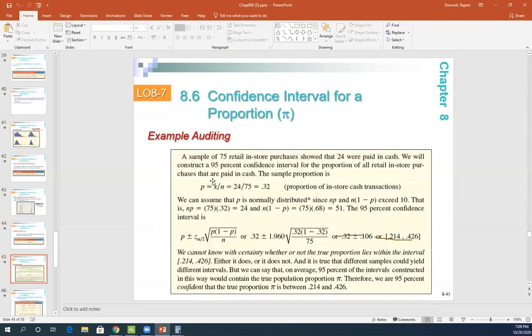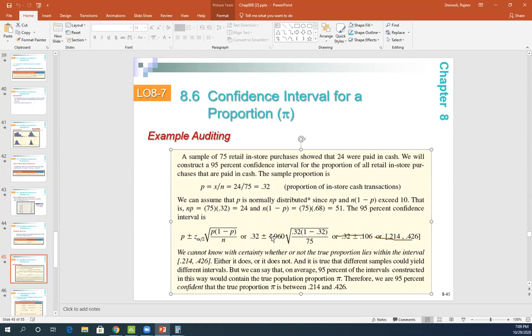Now, an example of auditing. This is a sample of 75 retail in-store purchases, of which 24 were paid in cash. We will construct a 95% confidence interval. So, what is the proportion? 24 divided by 75, which is 0.32. Now we do all the calculation. P is 0.32.